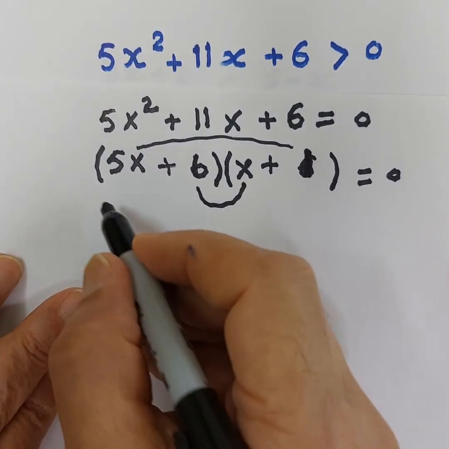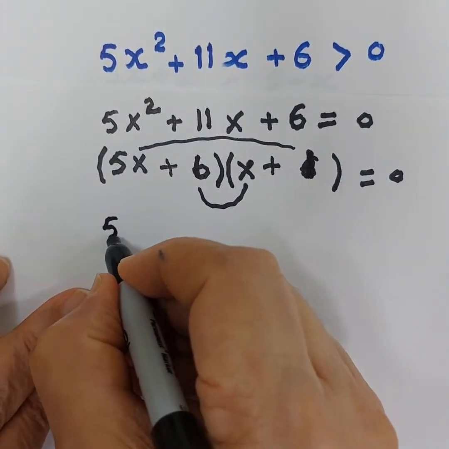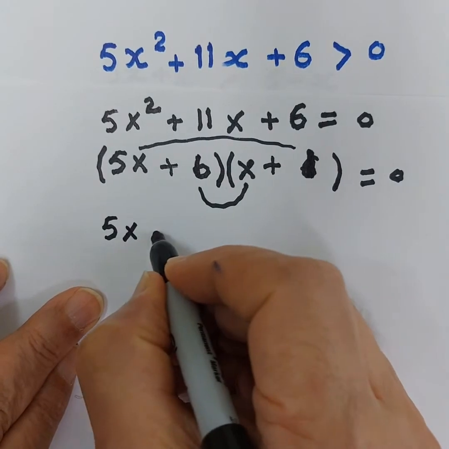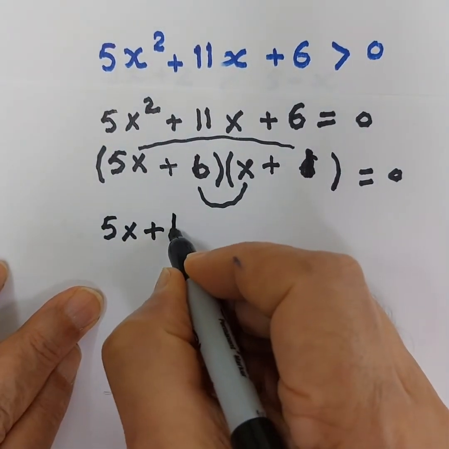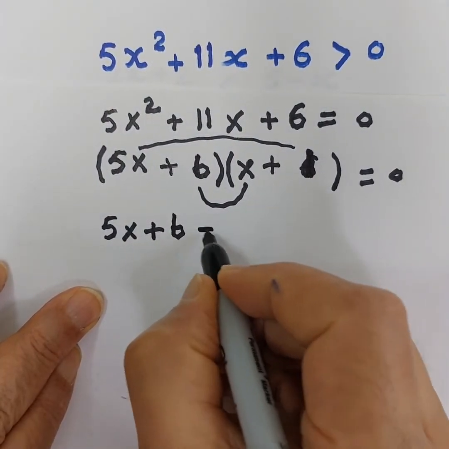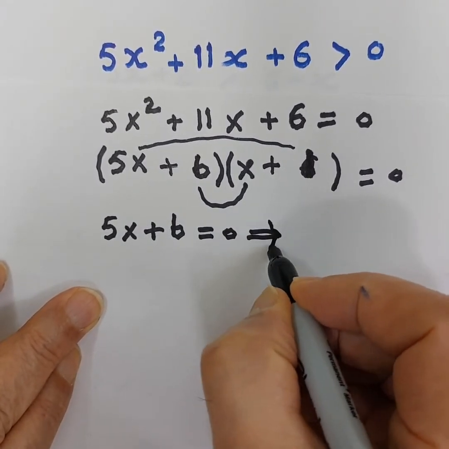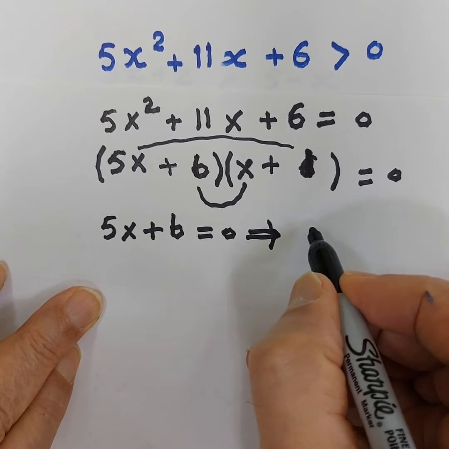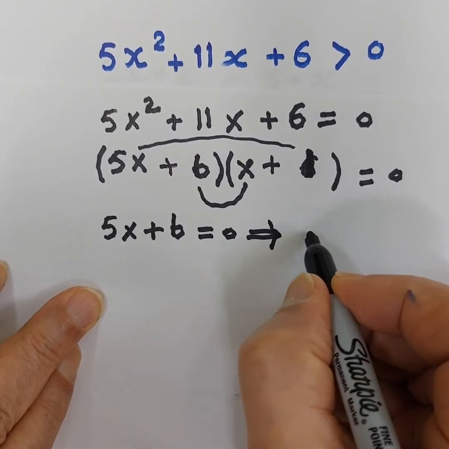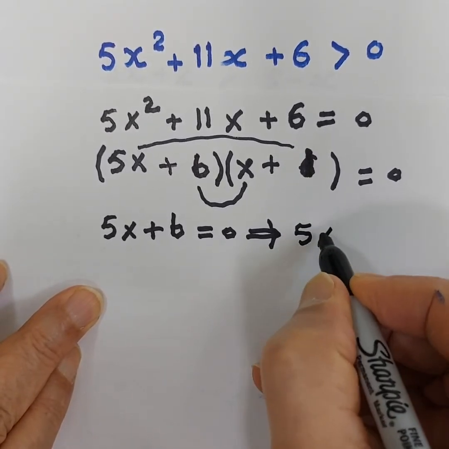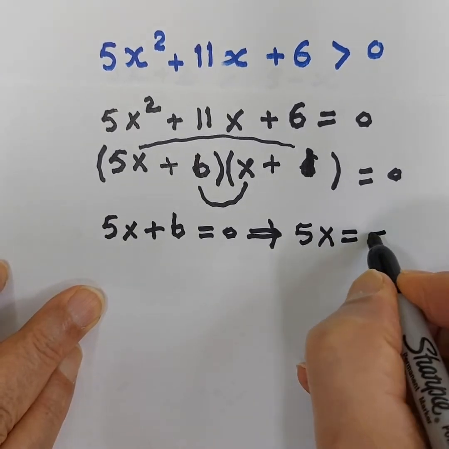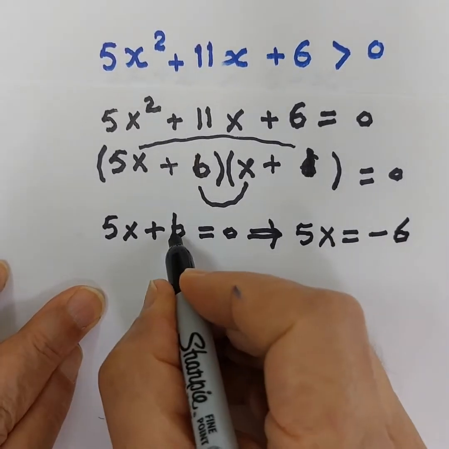In this way, we take the first brackets and make them equal to 0. This will lead to the value of x. So 5x is equal to negative 6, by moving 6 to the other side.